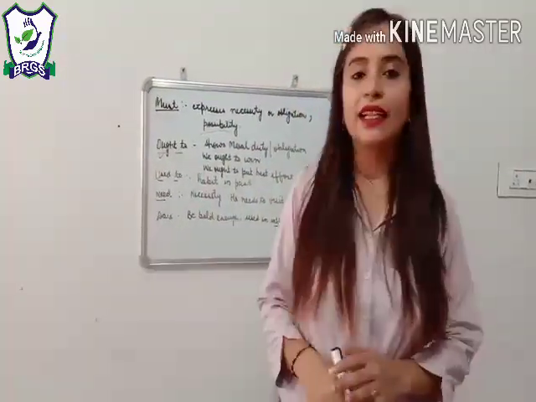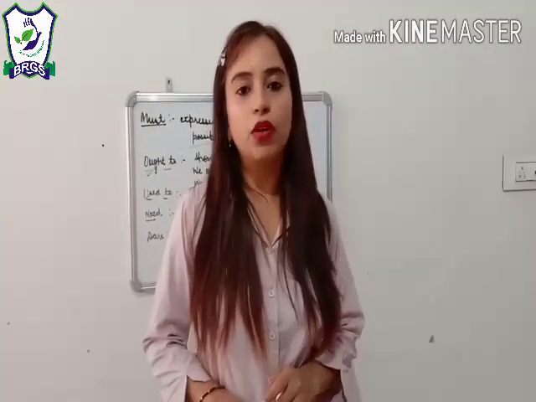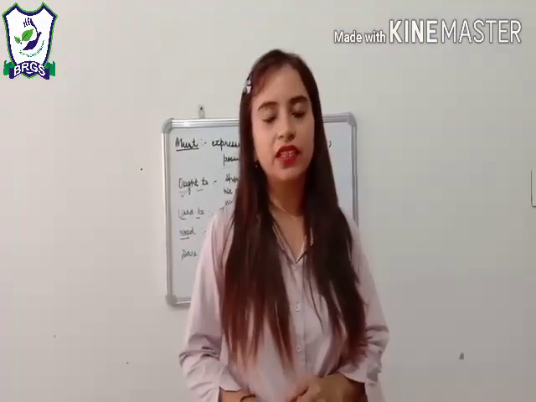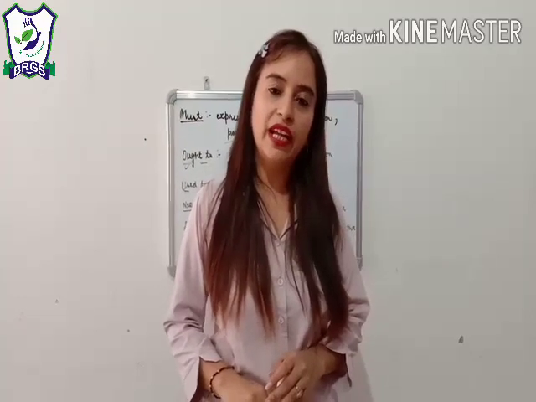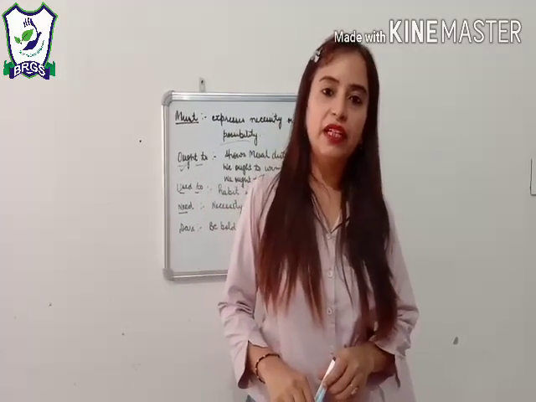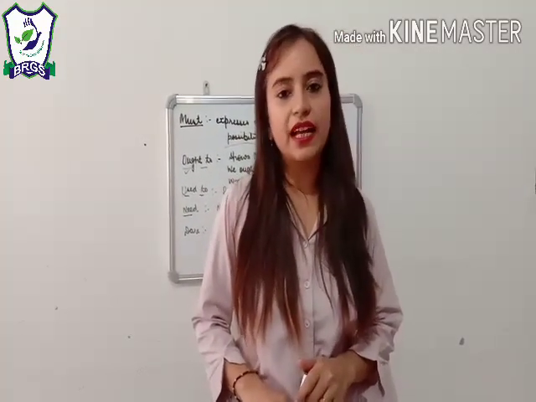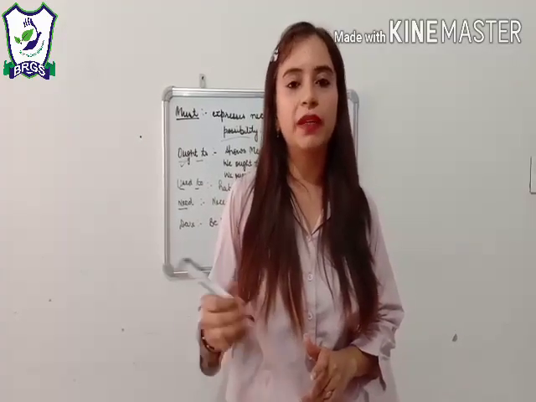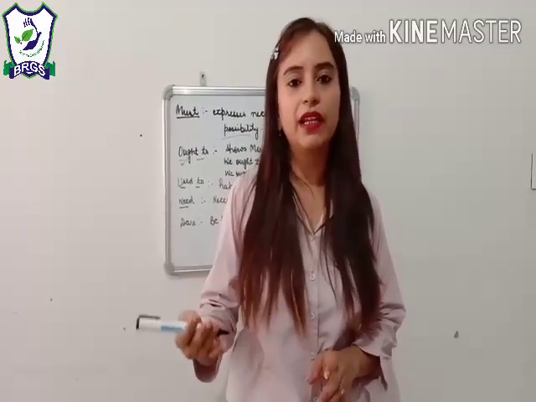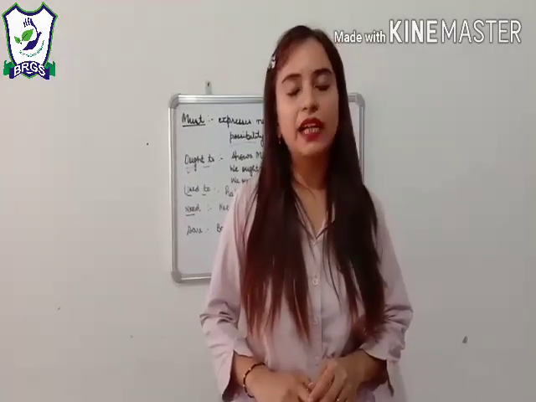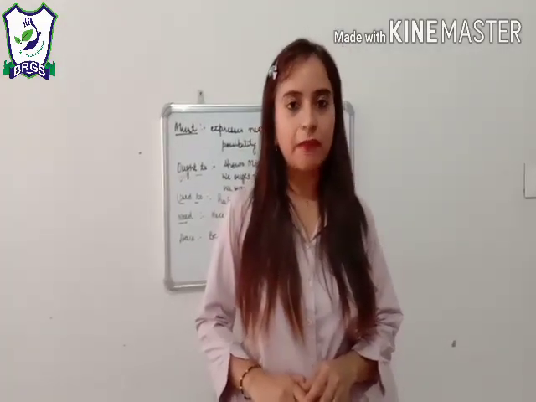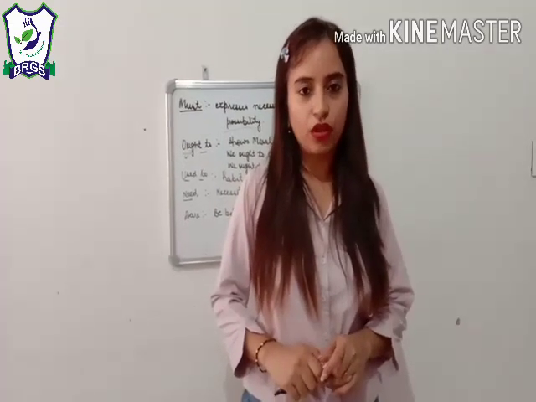So students, these were all your modal auxiliaries that we have covered. So let us recall what we have learned today. We have learnt the auxiliaries. Auxiliaries are the helping verbs. They are helping the main verb to complete the sentence. There are 2 types of auxiliaries, that are primary auxiliaries and modal auxiliaries.